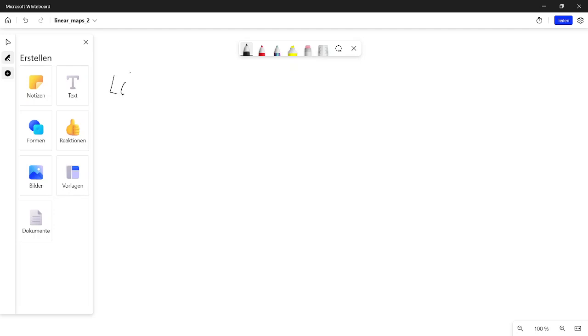Linear maps. It's supposed to be an S. Sorry, linear maps course. Part 2.